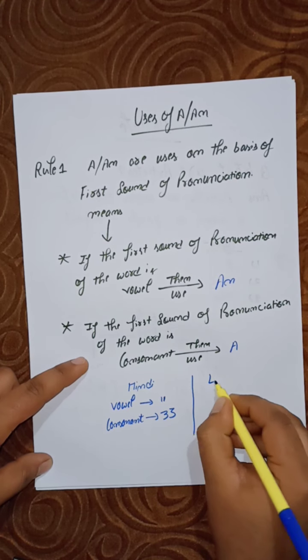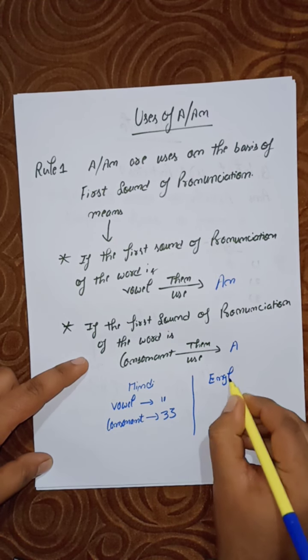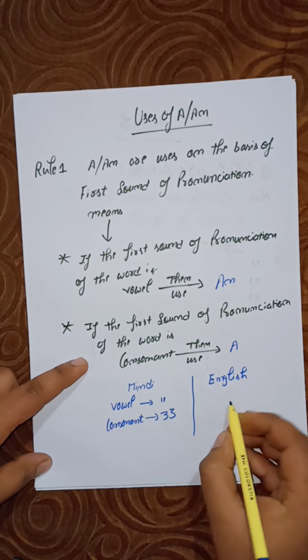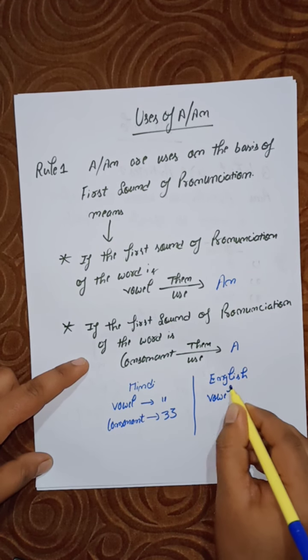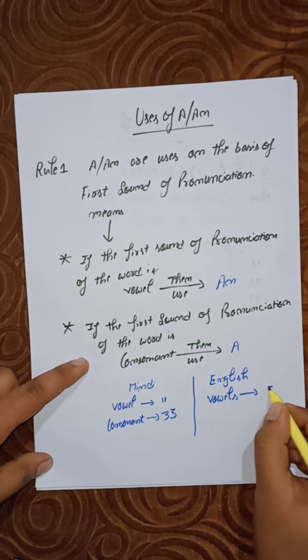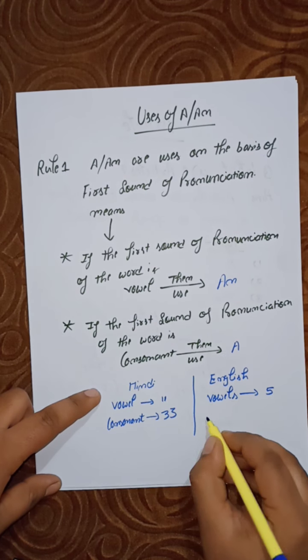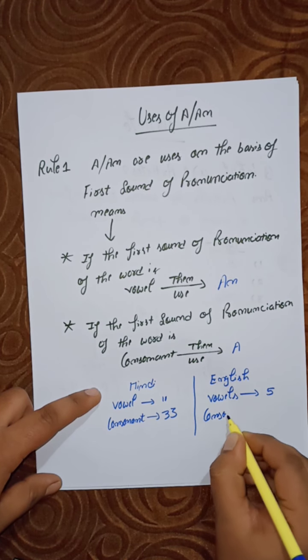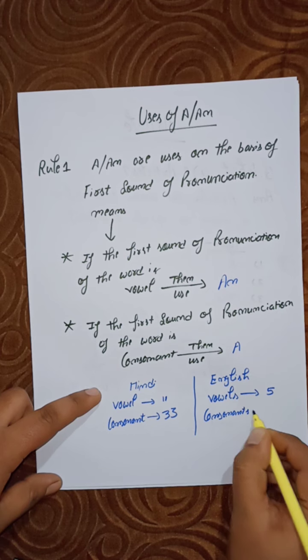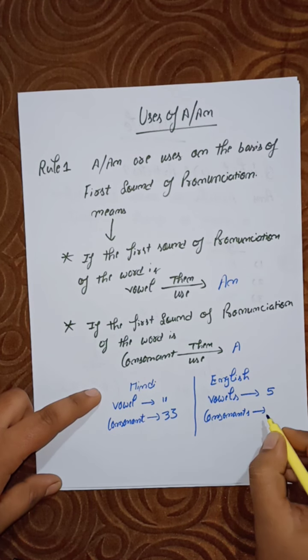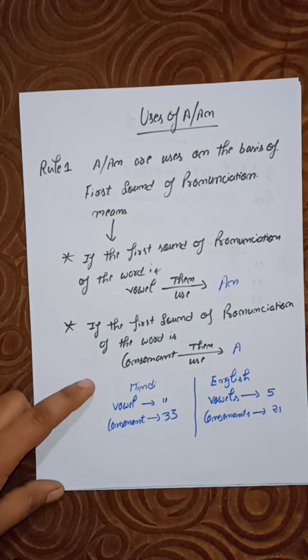And in the English language, vowels are 5 and consonants are 21.